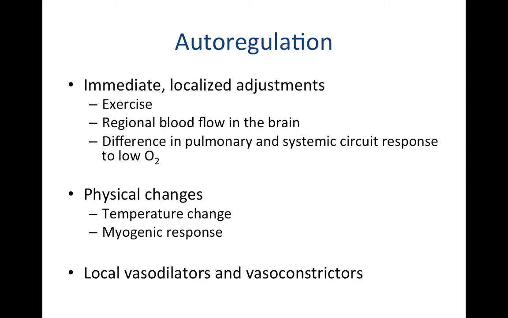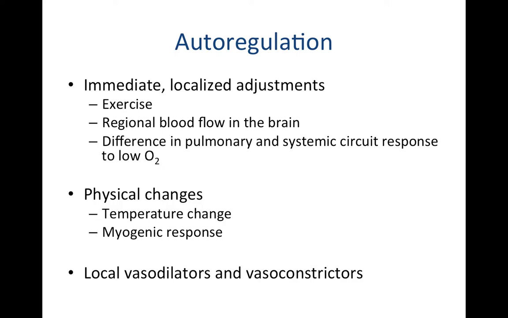You can also affect regional blood flow in the brain and direct blood to areas of the brain that are being used more. And there's also a difference in the pulmonary and the systemic circuit response when you have low oxygen levels. And I'll come back and talk about that in a second. There's also physical changes.